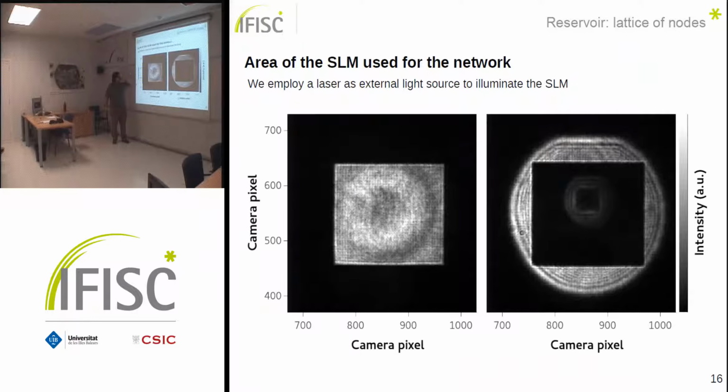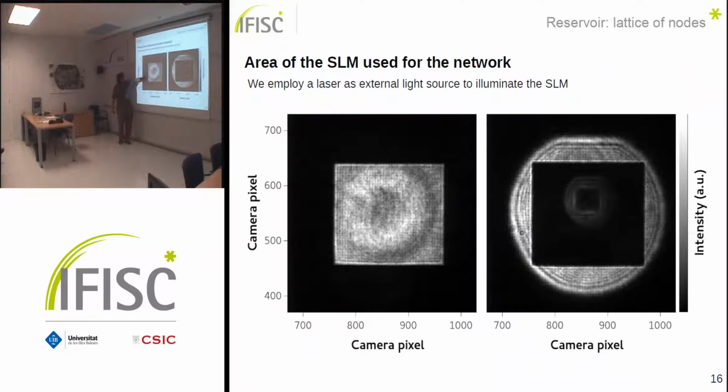The donut in the first one? Well, this is aberrations from the optical system and all that, so it's not perfect. The light is not homogeneous. Yes, the illumination on the lattice is not homogeneous, and I'm going to show you later what the impact of this is.